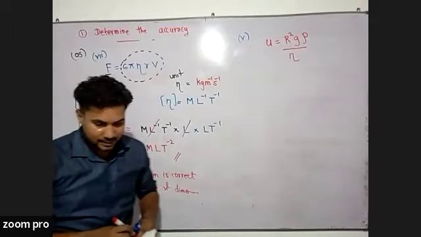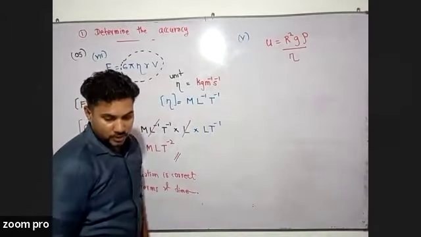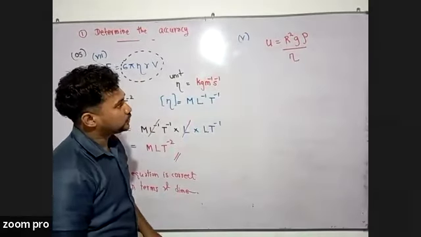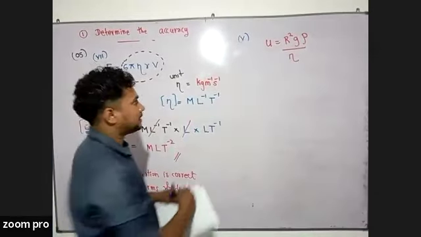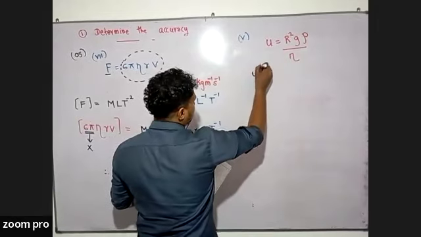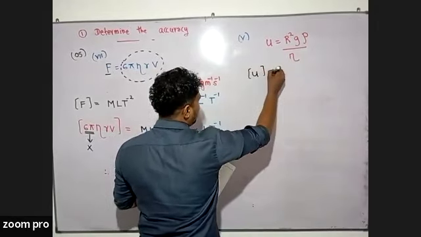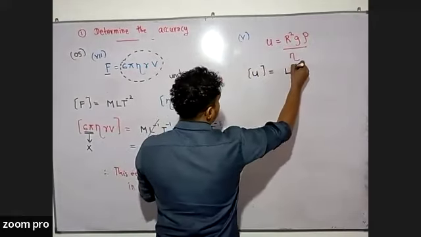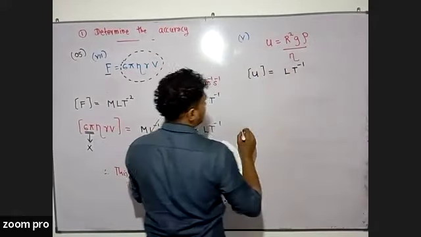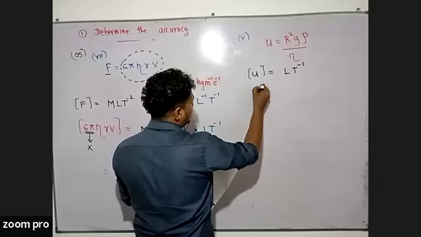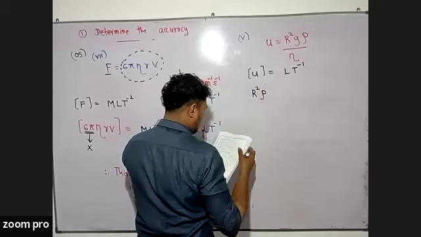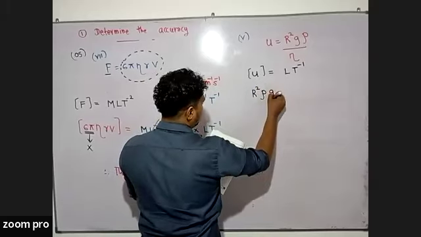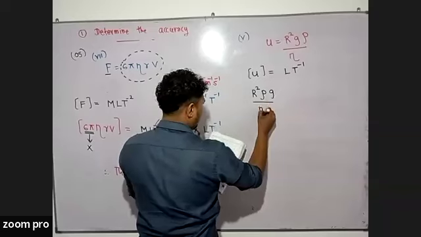Now in this equation, you can identify that there are two terms, isn't it? The first one is U. So let's find out the dimensions of U. U represents the velocity. That means this is the dimensions of velocity. Then let's move to the other one, that is R squared rho G over eta, right?